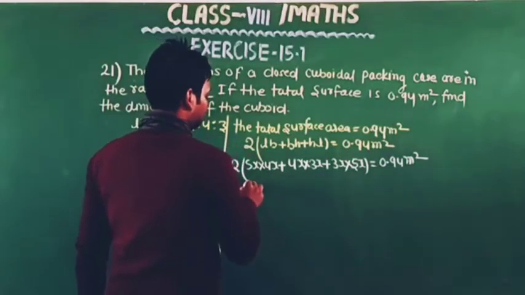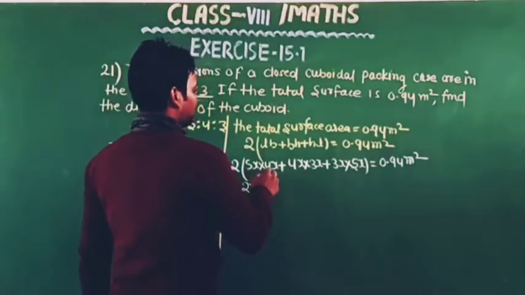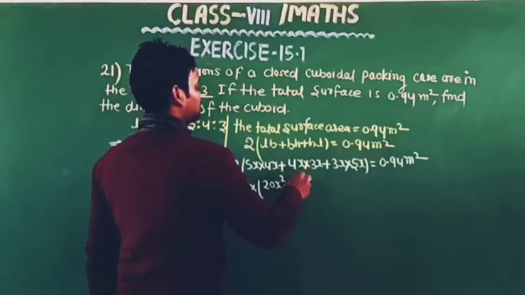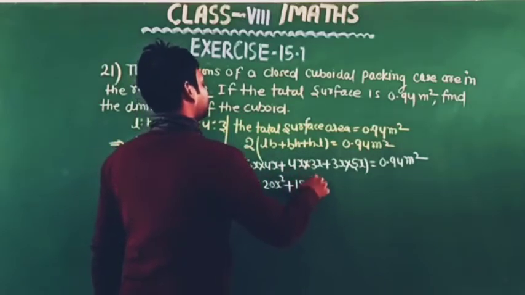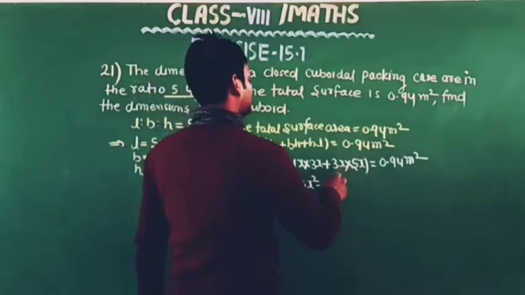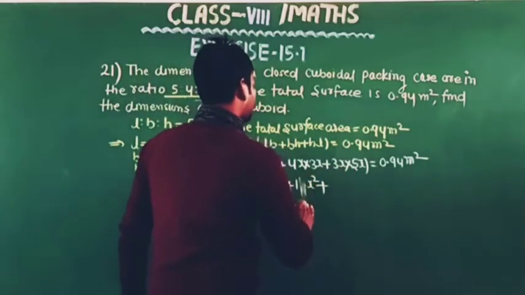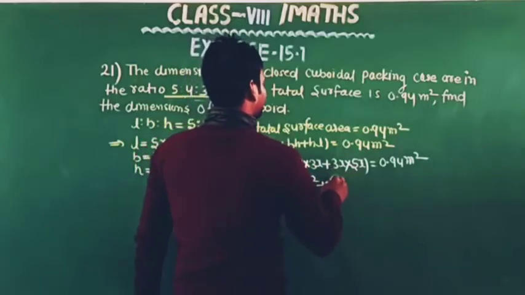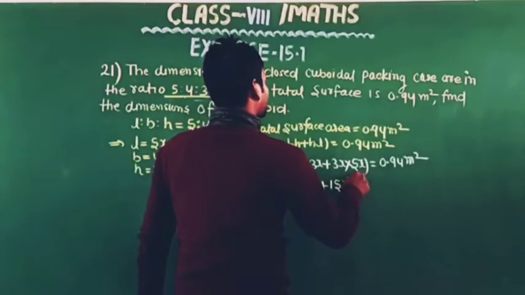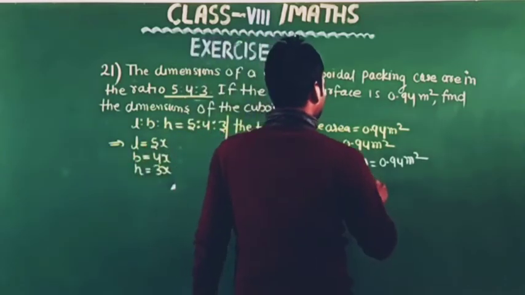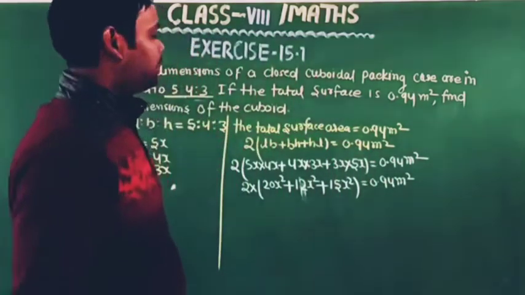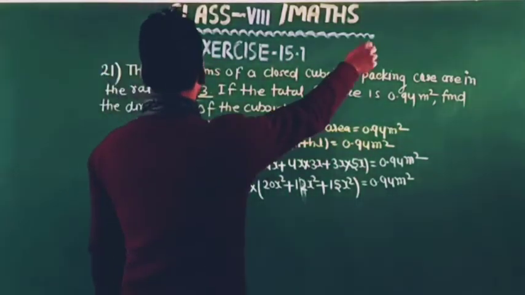So this is 2 into (20x square plus 12x square plus 15x square), since 4 into 3 is 12 and 3 into 5 is 15, equal to 0.94 meter square.